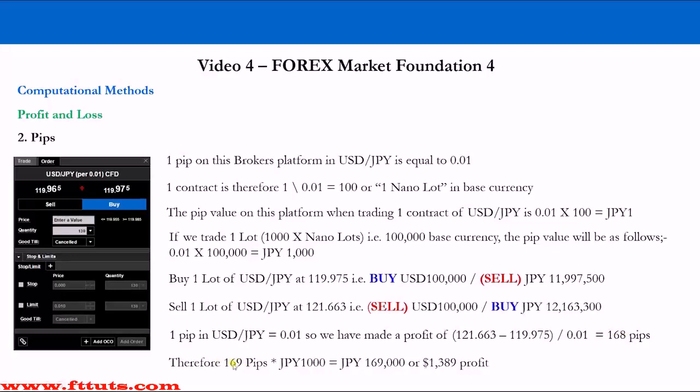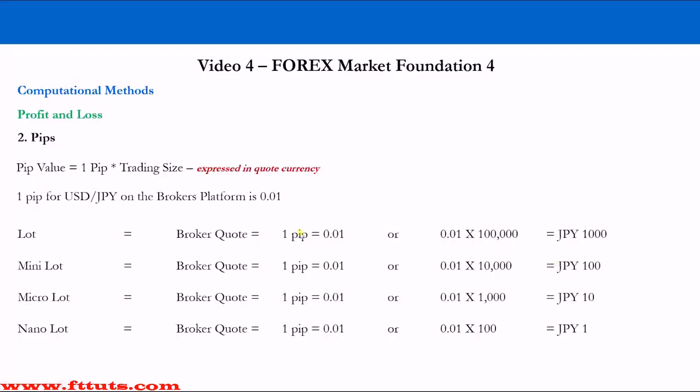So we'll just round it up to 169 pips times 1,000 yen is 169,000 yen. To work it out in the base currency, we just divide by the current exchange rate. So that, again, is all pretty straightforward.